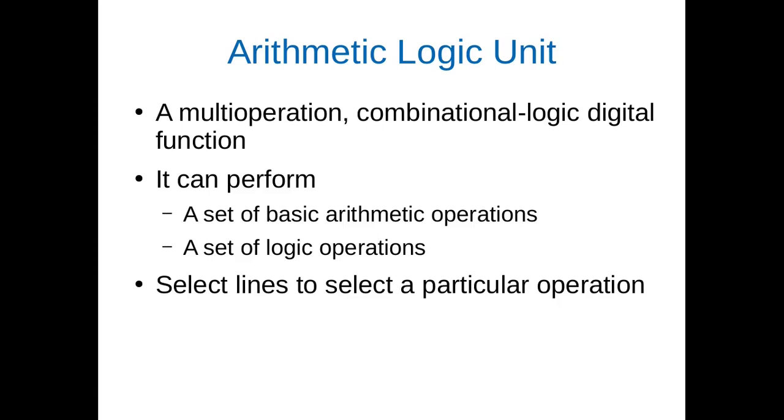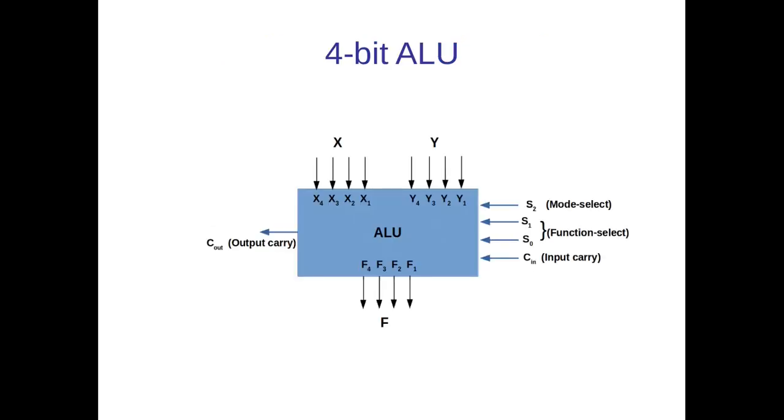An ALU will have a set of select lines to select a particular operation from the arithmetic and logic operations. So this is a block diagram corresponding to a 4-bit ALU.